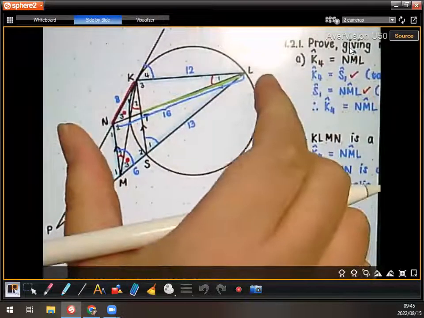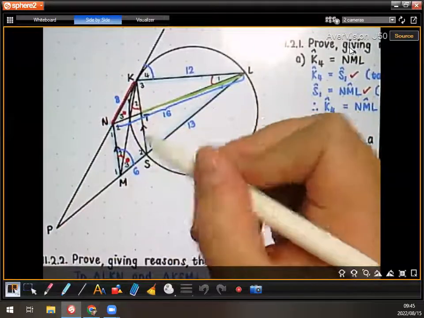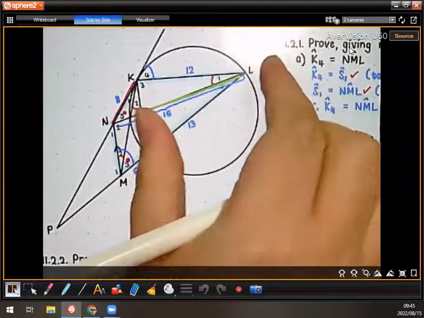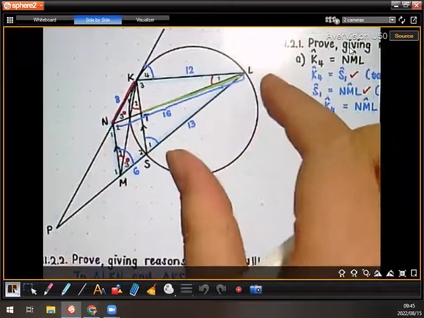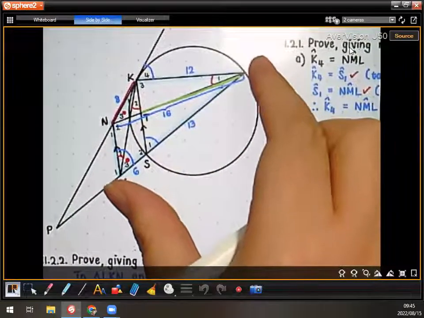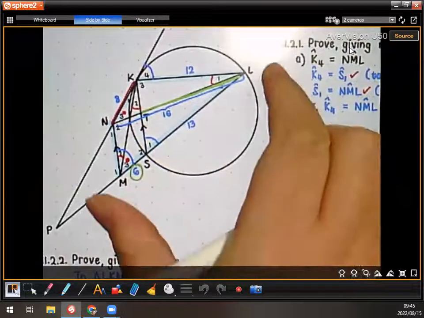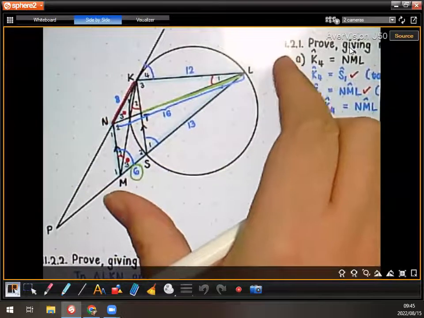We have that LN is 16. So if I want to use the theorem, I'm looking at those two parallel lines. LT over 16 will be equal to 13 over 19, because I calculated that SM is 6, so I know that the whole side will be 19.